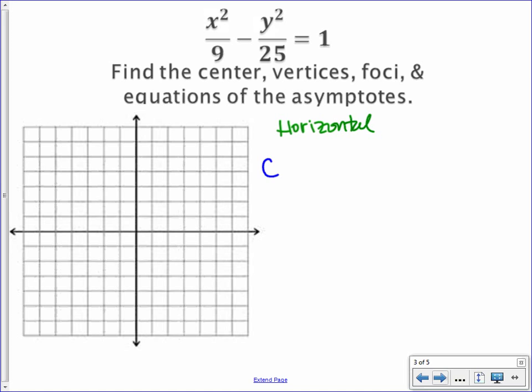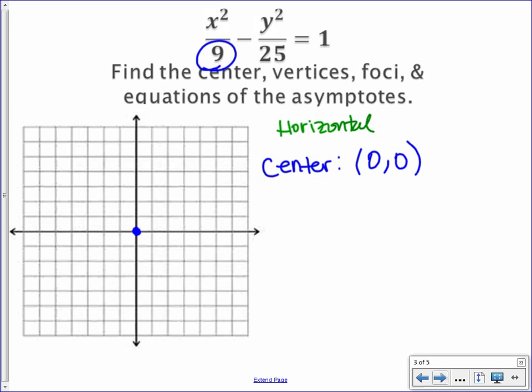We need to identify our center. X squared, y squared. We are not subtracting anything inside of the square, so our center is at (0, 0). A squared is what is under our positive variable.